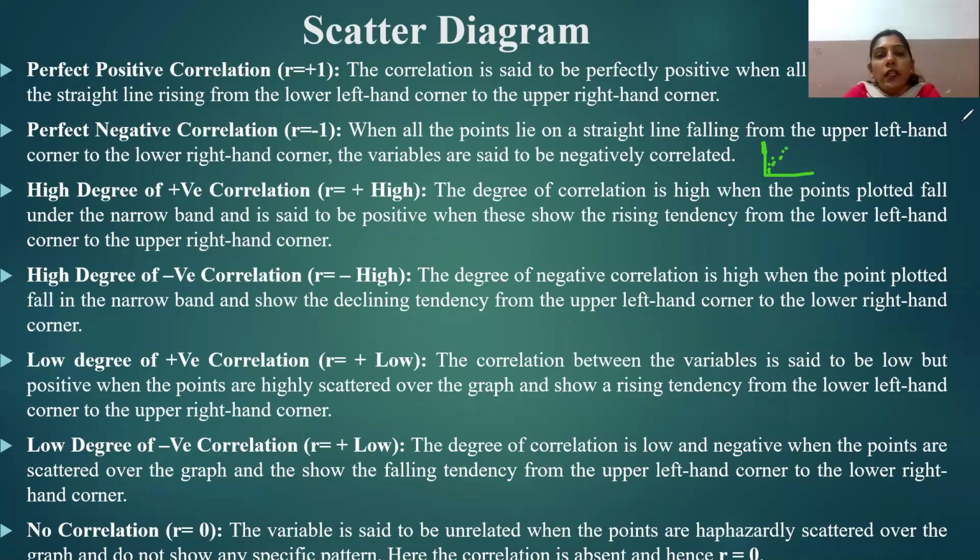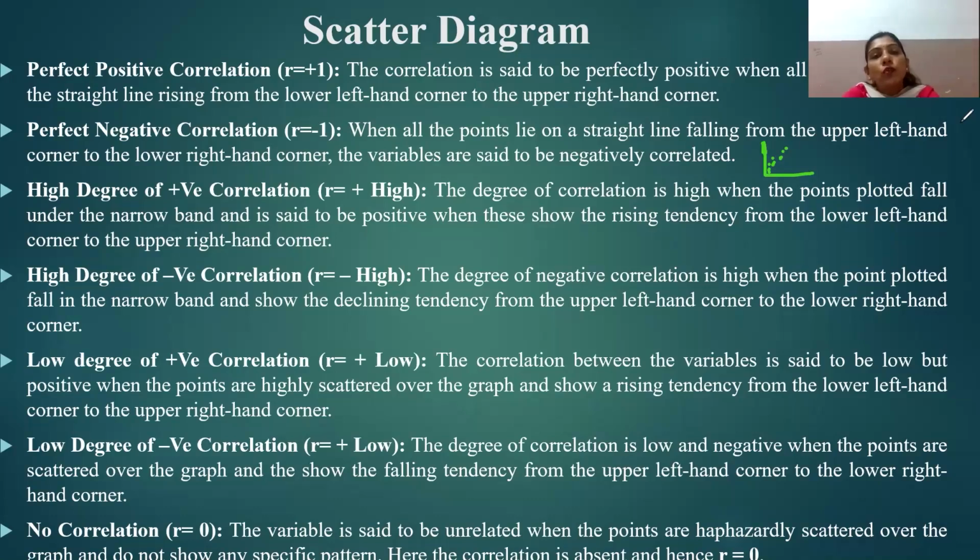The manner in which these points are scattered suggests the degree and the direction of correlation, which we have also discussed in the degree of correlation. Basically, this scatter diagram and scatter plot show the degree and the direction of correlation among the variables.